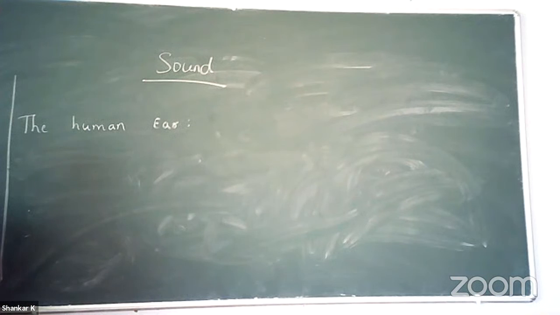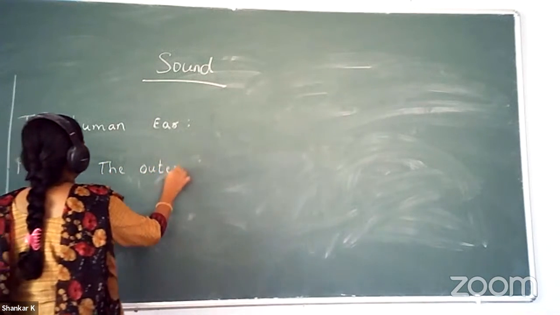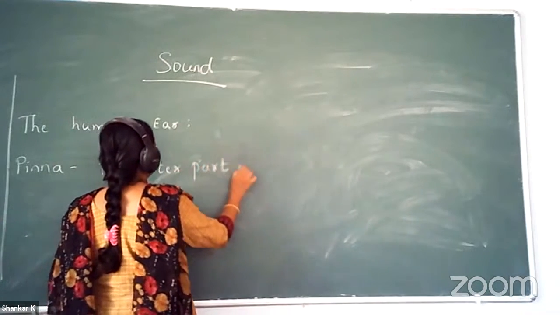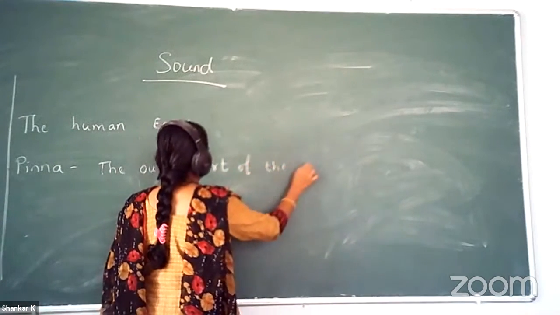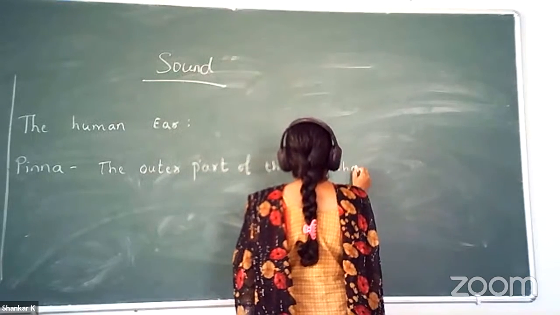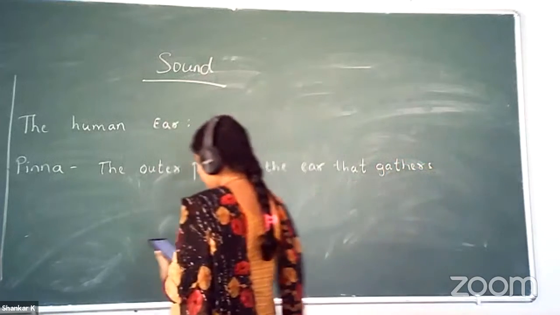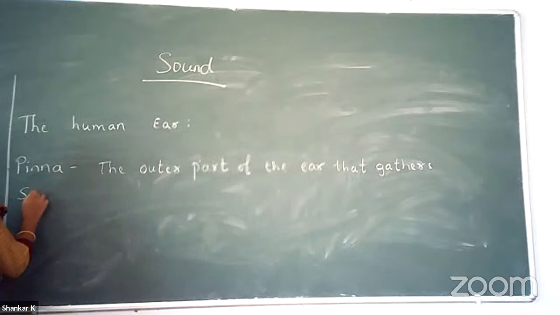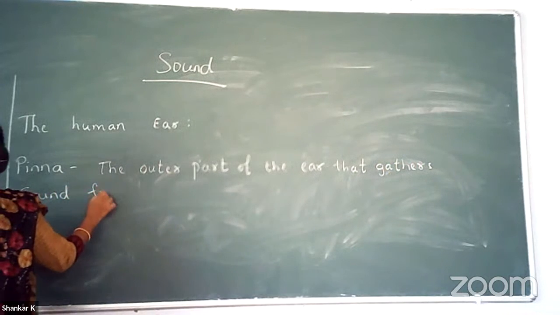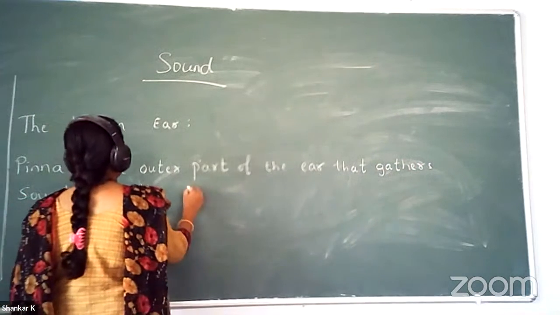First point is that pinna, the outer part of the ear, gathers sound from the environment.